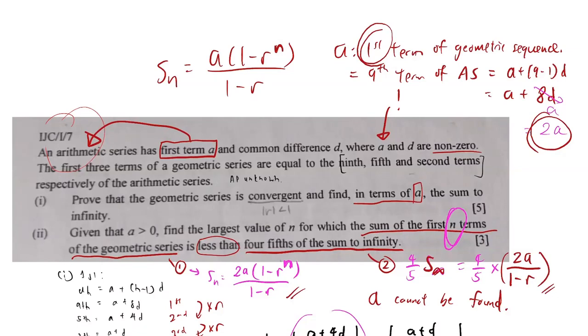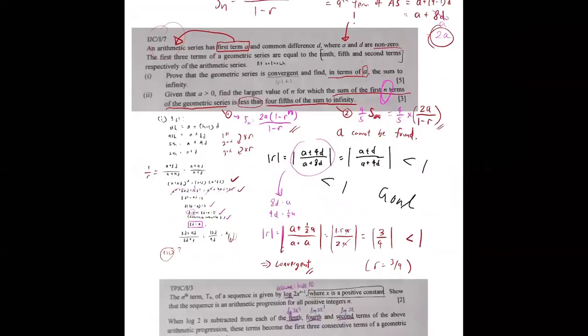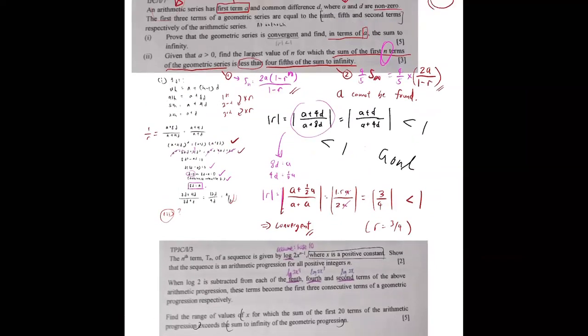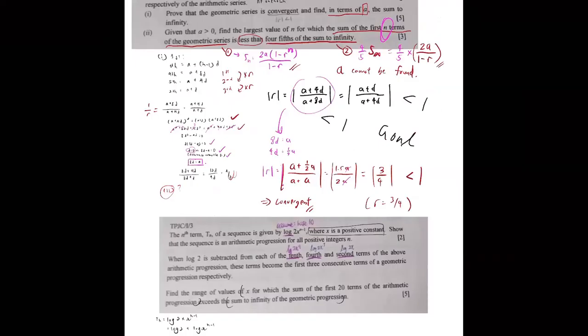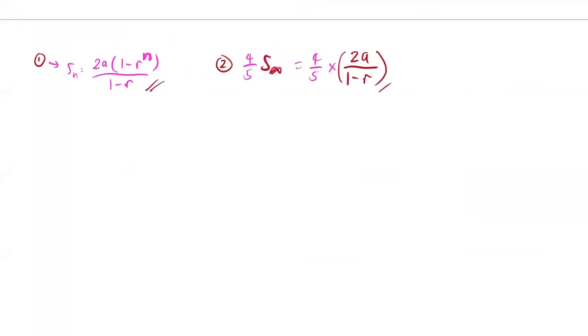Let's summarize whatever we have on a new page. I need more space. Okay, here, paste. What do we have? We know that this expression on the left-hand side must be less than 4/5 of S infinity, the sum to infinity.